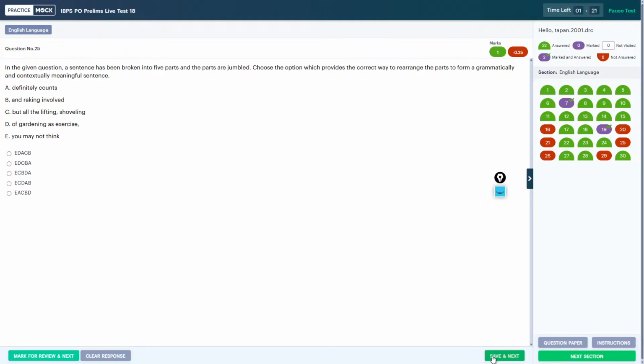You may not think of gardening as exercise, so I'd start with, but all the lifting, shoveling, definitely counts, and the raking involved. But the lifting, shoveling, raking involved definitely counts.